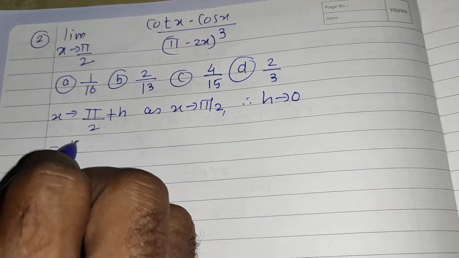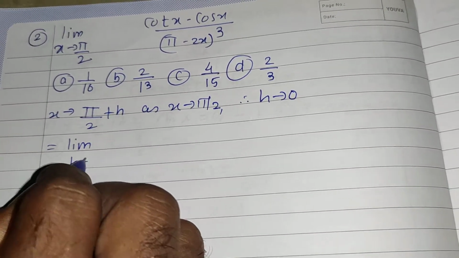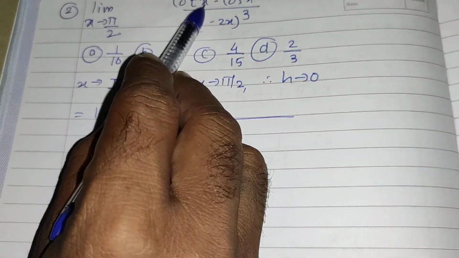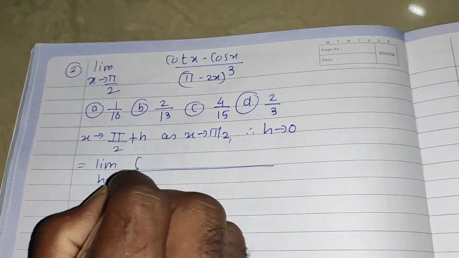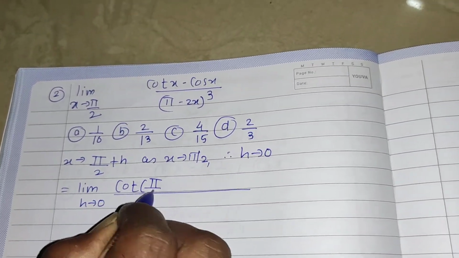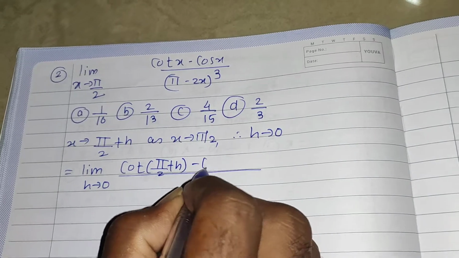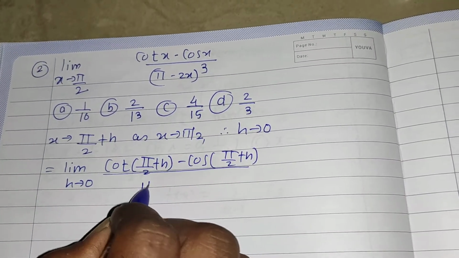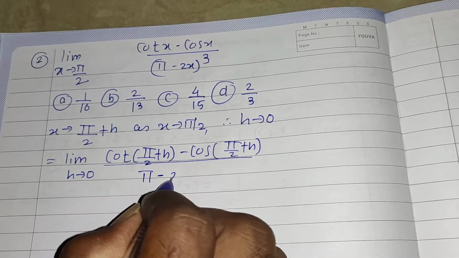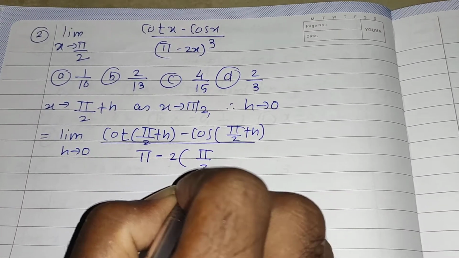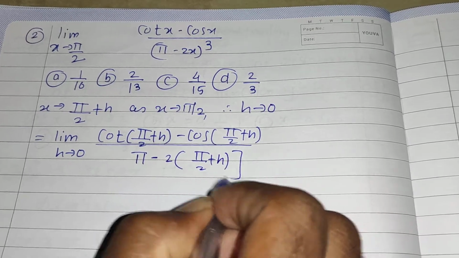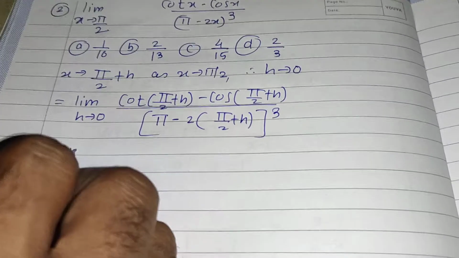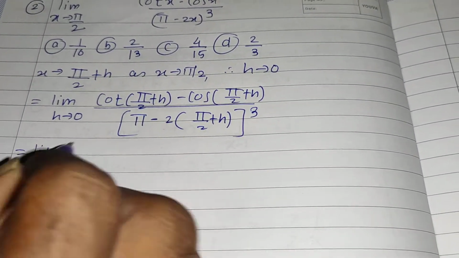Now by changing the limit, h tends to 0, x is replaced by pi by 2 plus h. Minus cos of pi by 2 plus h, and this is pi minus 2 in bracket pi by 2 plus h, the whole cube. Limit h tends to 0.